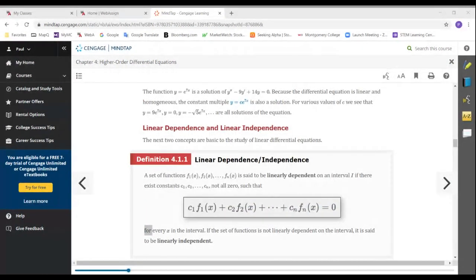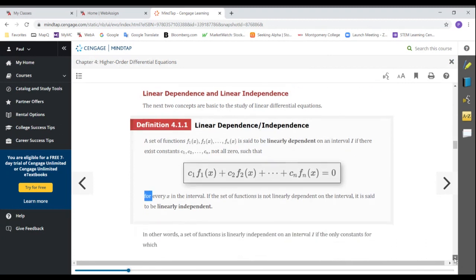So just because tangent is sine over cosine doesn't mean that it works. We have to find constants C1, C2, up to Cn where this definition is satisfied.